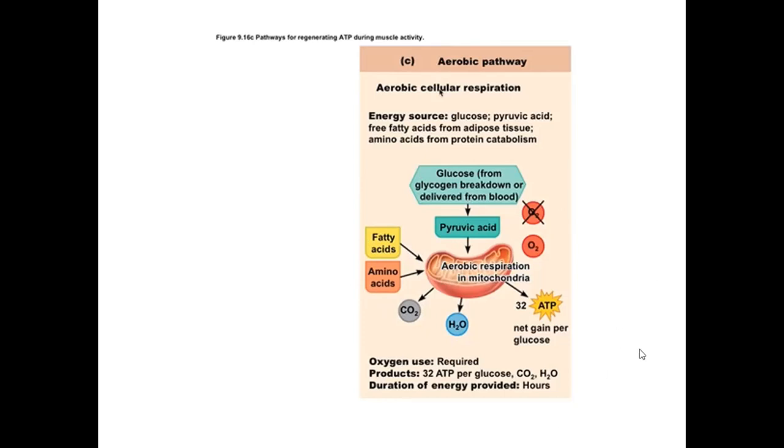Now, for endurance exercises, when you're using this aerobic pathway, it looks like you have a limitless source of substrate. So for that reason, it can even last longer than what we had initially.